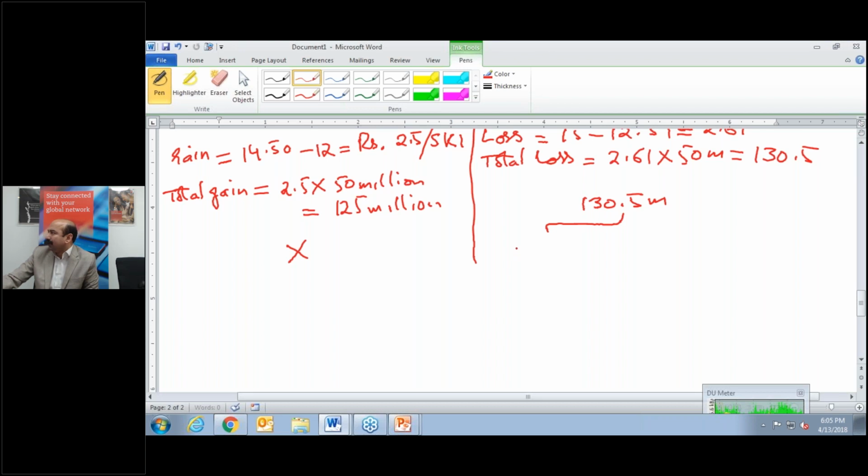So the gain of 125, the effective portion of this loss is basically equal to this gain, 125 million.